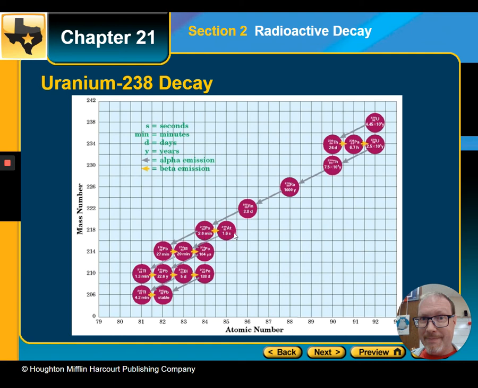This astatine-218 only hangs around for a matter of seconds before it turns into something else. If you have something up here like this thorium-230, it can hang out for 7.5 times 10 to the 6th, so like 7.5 million years. Much more stable than some of these guys down here.